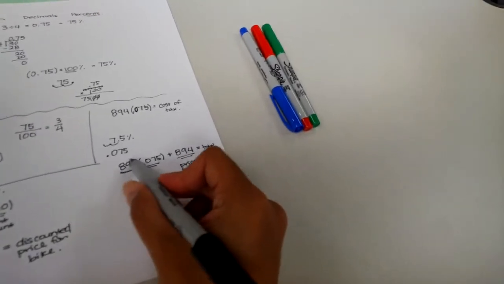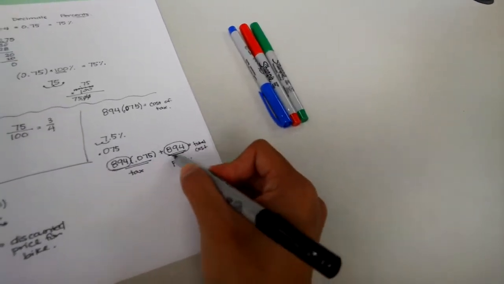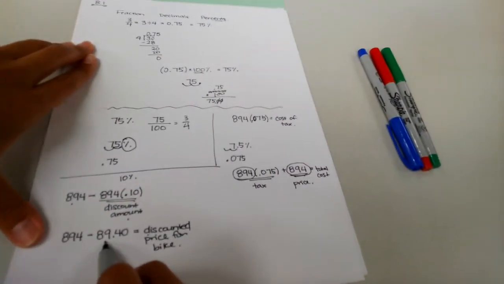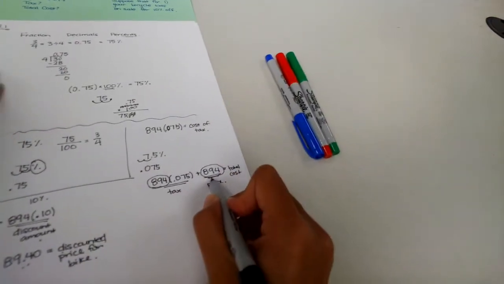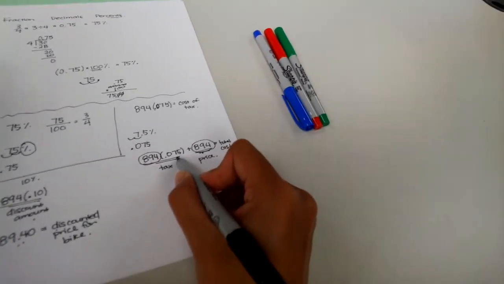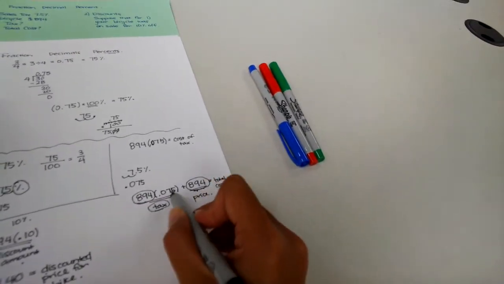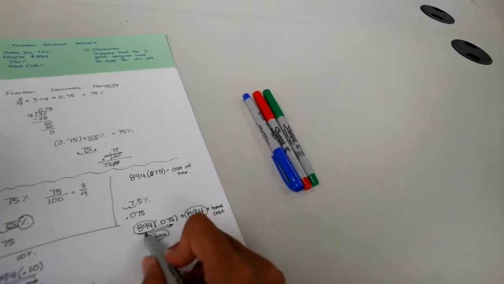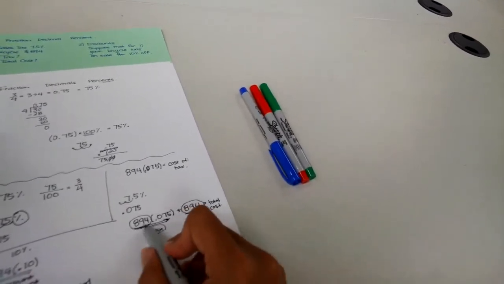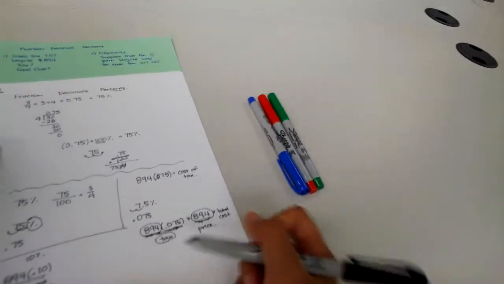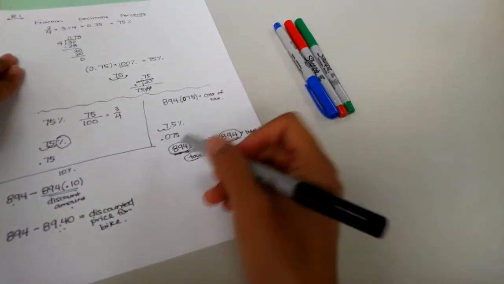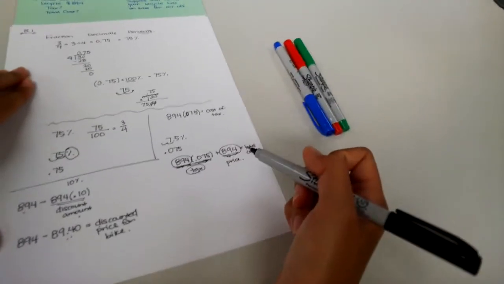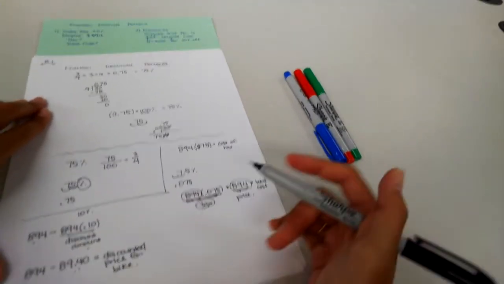So instead of having $894, you would have $894 minus $89.40, and you would plug those in here to calculate the sales tax. So as you can see, the tax amount is going to be smaller because you're going to be taking the multiplication of something that's smaller with a percentage, right? You're taking the same percentage, but with a smaller amount. So overall, the tax is going to be smaller that you pay because it's proportional to the cost.